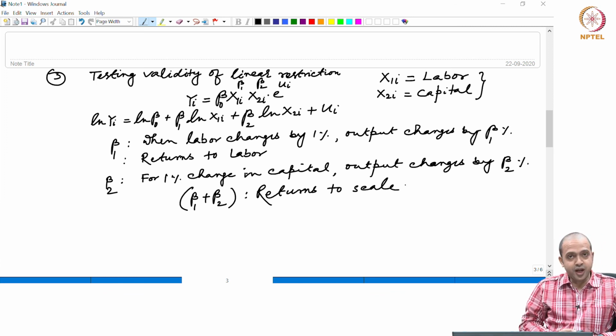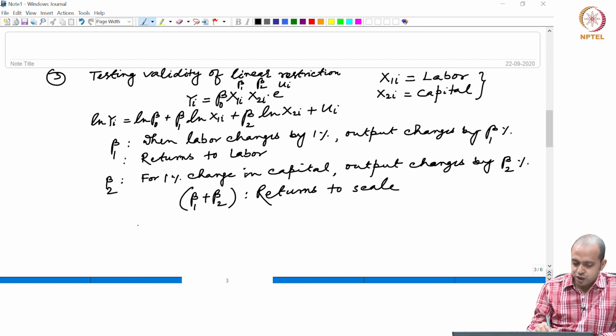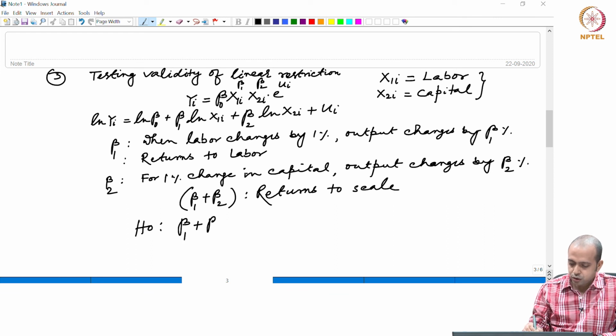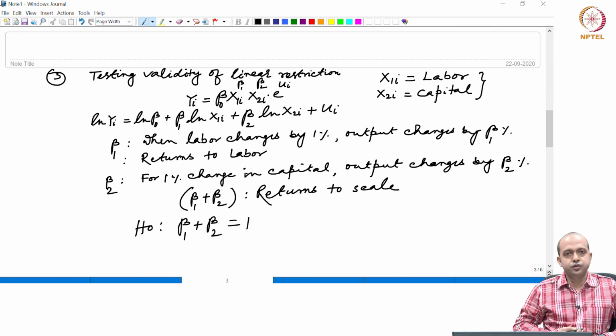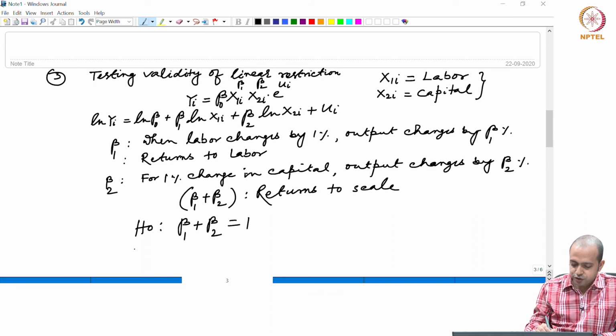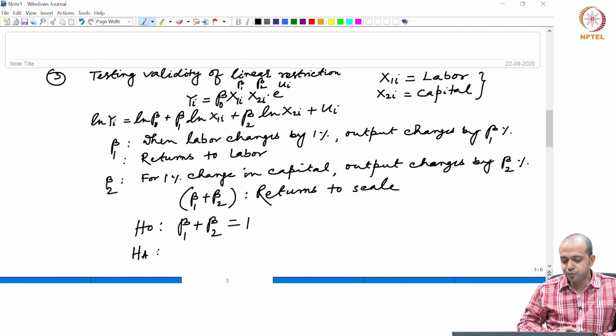And if you nullify your claim, then the null hypothesis would be beta 1 plus beta 2 equals 1. And the alternative hypothesis would be beta 1 plus beta 2 not equal to 1.